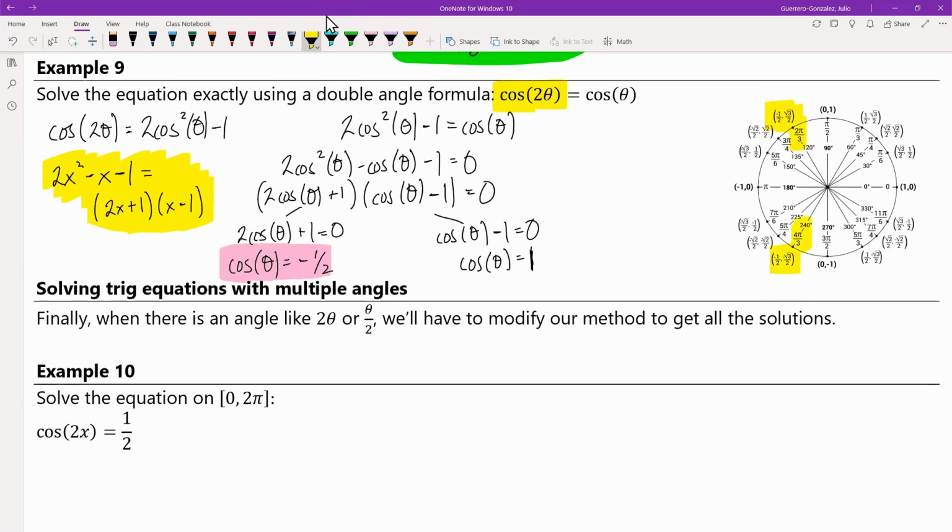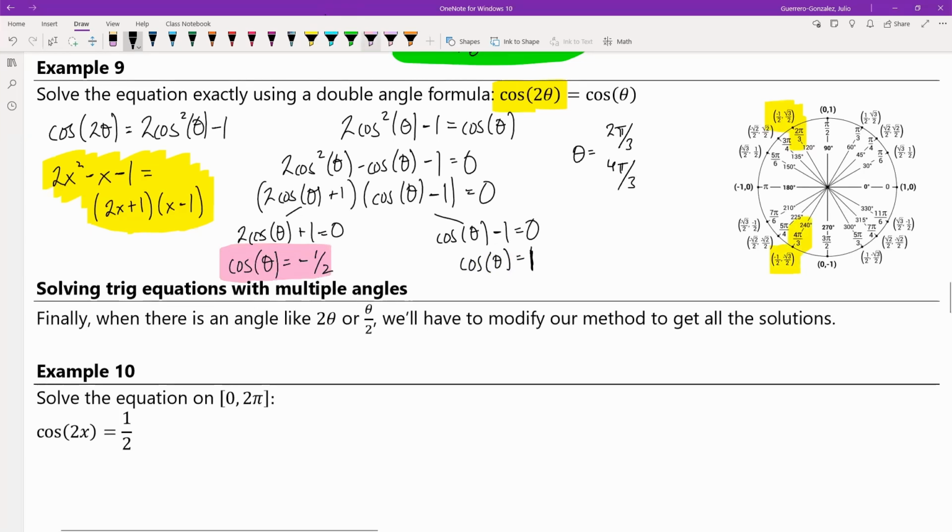So theta is equal to 2 pi over 3 and 4 pi over 3.